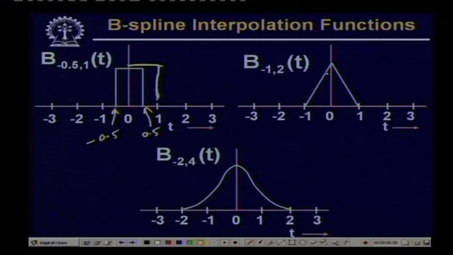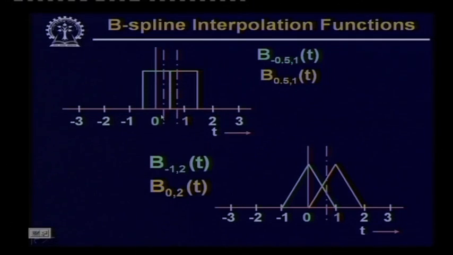Similar is also the case for the linear B-spline, and it is also similar for the cubic B-spline, that is b i 4 t, and in this case it will be b i minus 2 4 t.